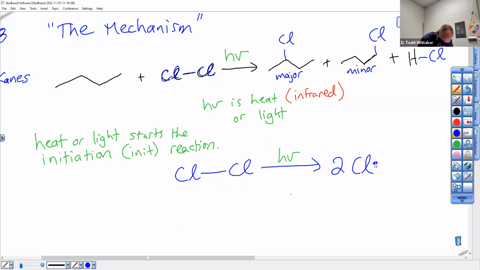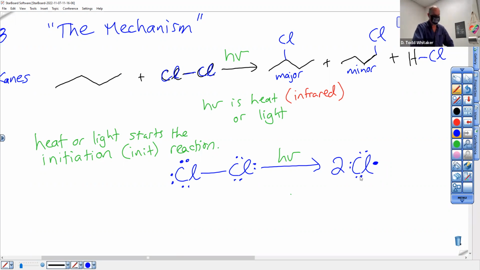And this is something new. And because it's something new, I'm going to show all the valence electrons. You don't have to, but I just want you to know that you've made a chlorine that's got 7 valence electrons, like the one on the periodic table.